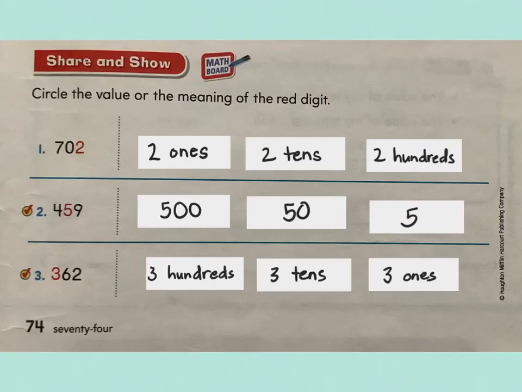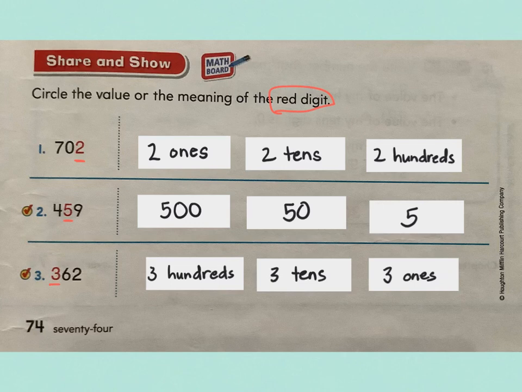Let's look at the share and show box on the same page, page 74. The directions say, circle the value or the meaning of the red digit. So we're looking at the number that is written in red, and then we're circling the value, how much it's worth. Number 1, 702.